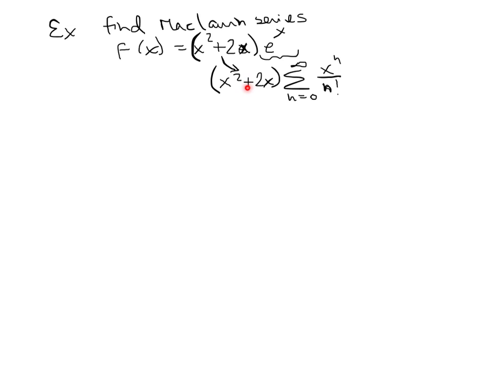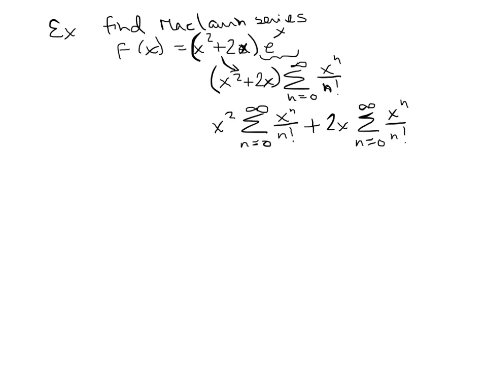Now because of the plus there, I'm going to have to distribute that sum through. So this would be x squared times the sum from n equals 0 to infinity of x to the n over n factorial plus 2x times the sum from n equals 0 to infinity of x to the n over n factorial.